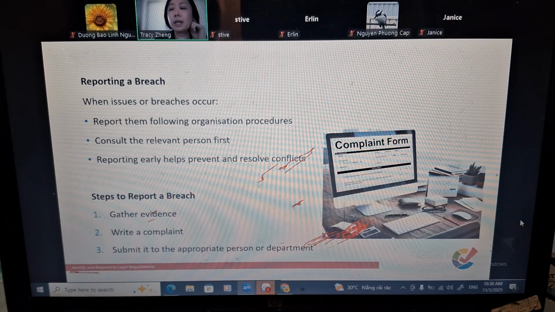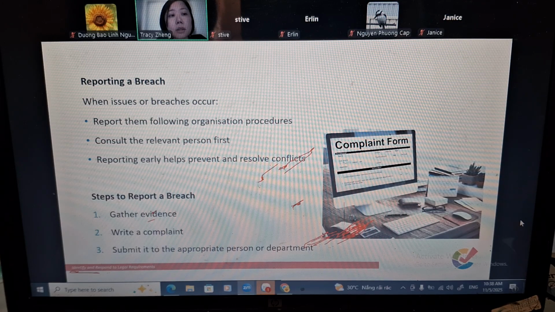And also, if there's any chance, you can consult with the relevant person, right? If you know your colleagues are potentially breaching any legislation or policy, talk to that person, telling them, hey, you are at risk. You are probably not doing it according to the policy. Probably you need to change, right?